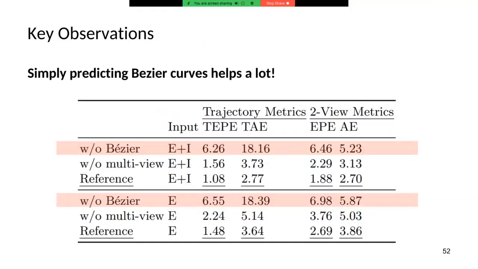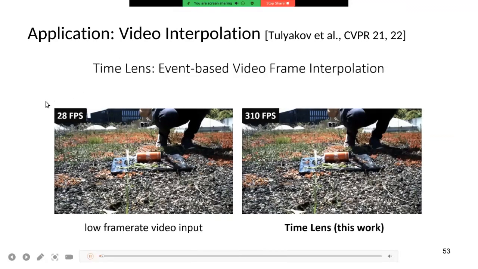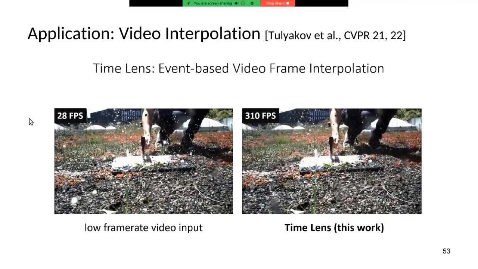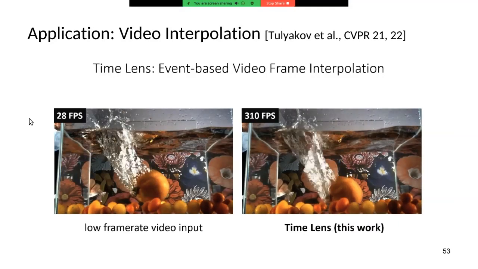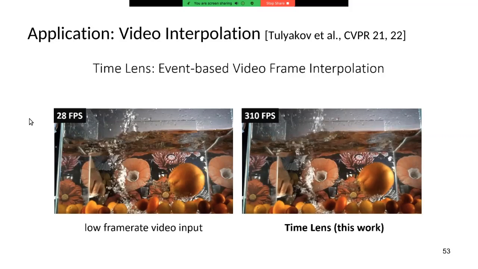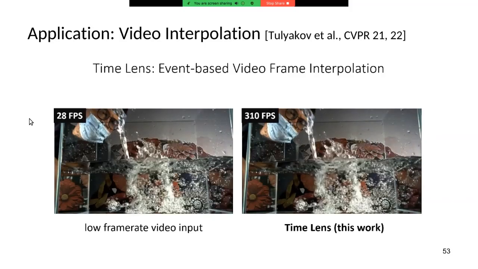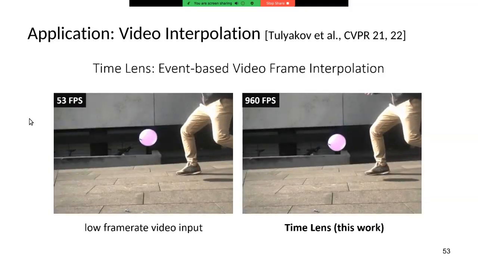Okay, so next I'm gonna go to some applications of this idea. So here you can see that what we worked on is, for example, frame interpolation. And frame interpolation is a task where you have low frame rate input and you want to predict the intermediate frames. And in this work, it was a collaboration with a company, we use events and frames to predict high temporal resolution video.